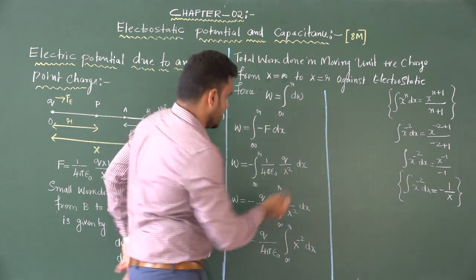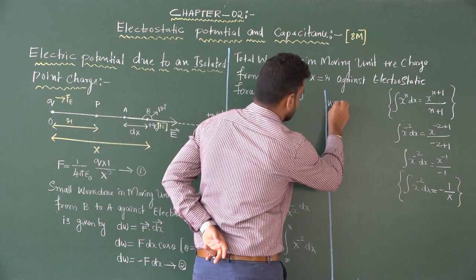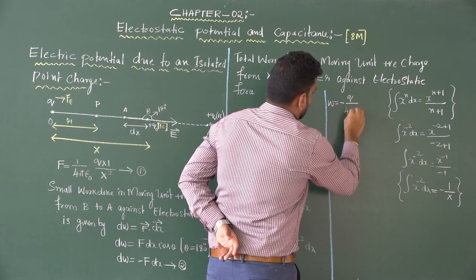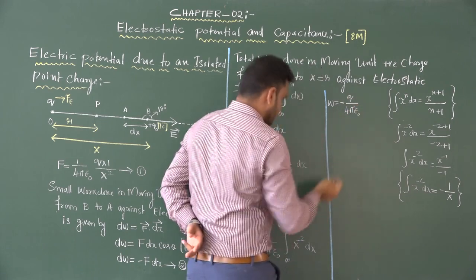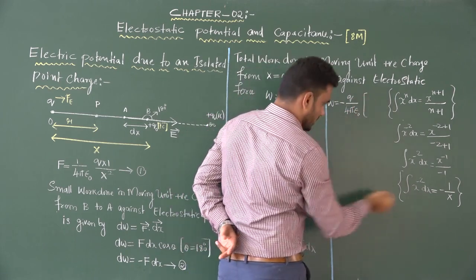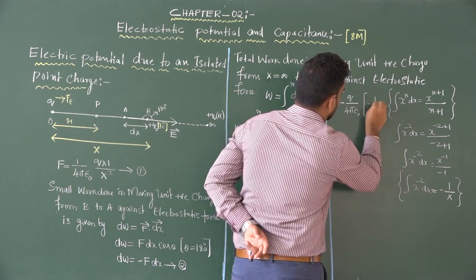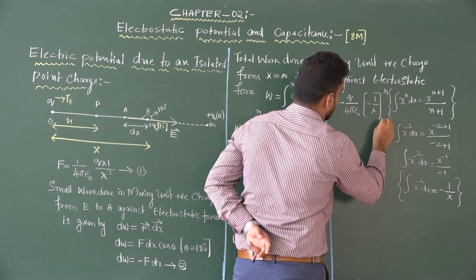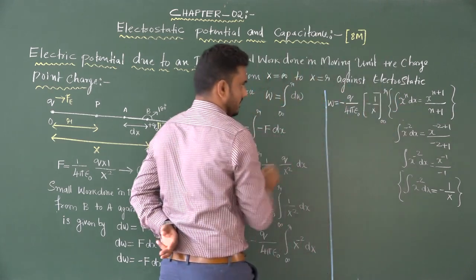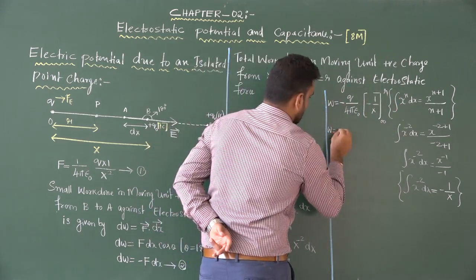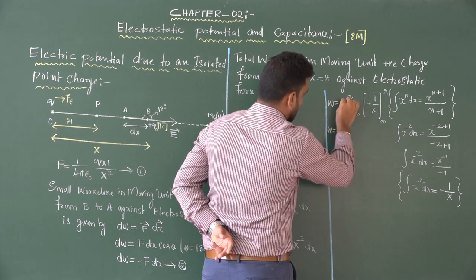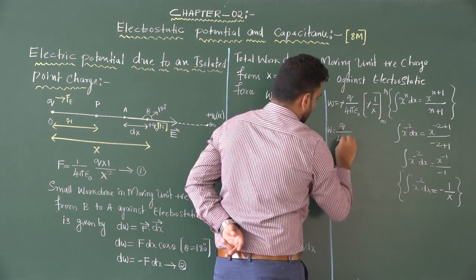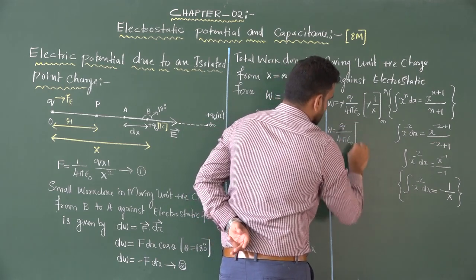So I am going to substitute. W is equal to minus Q divided by 4 pi epsilon naught. After the integration, what did we get? Minus 1 over x. Upper limit is r and lower limit is infinity. Then W is equal to minus, here I can cancel minus and minus, they get cancelled. Then Q divided by 4 pi epsilon naught. x is a variable.